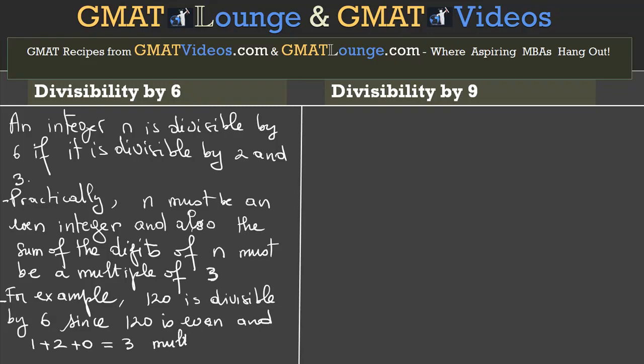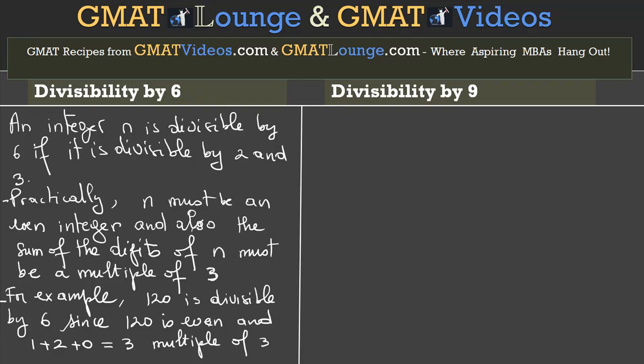Very simple. We don't really have to spend too much time on this. It doesn't matter the number, no matter how big it is. It has to be an even number, and the sum of the digits of that integer has to be a multiple of 3.